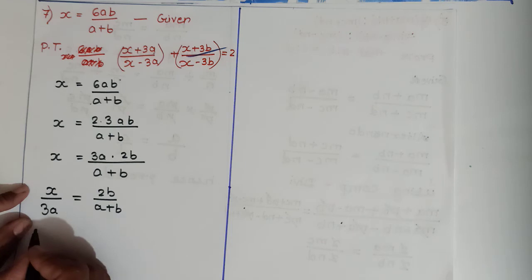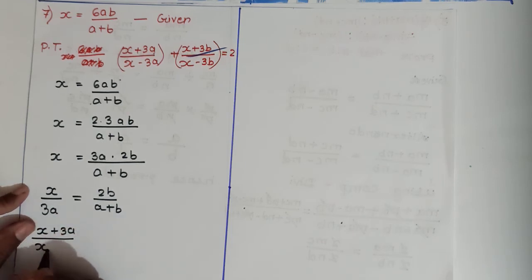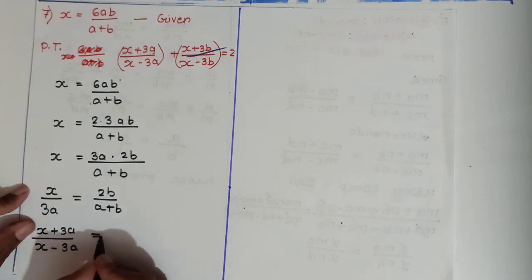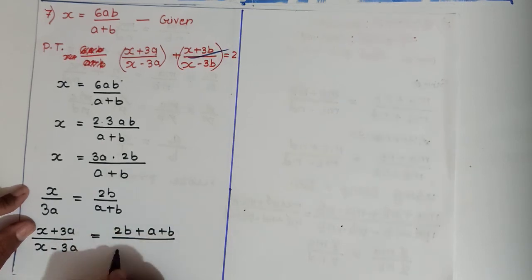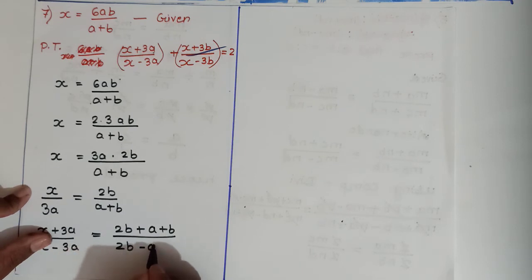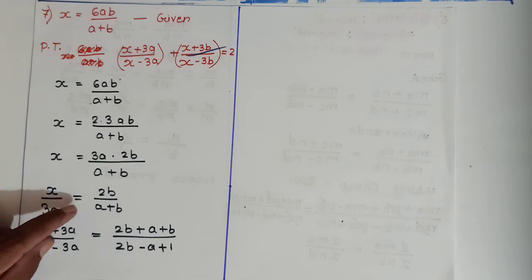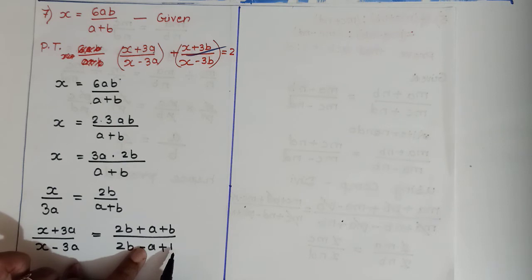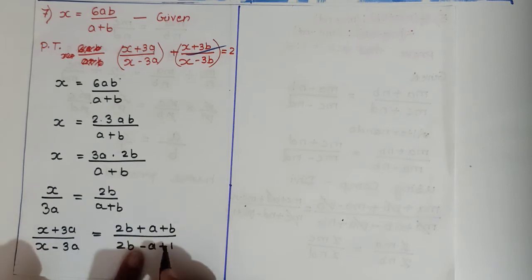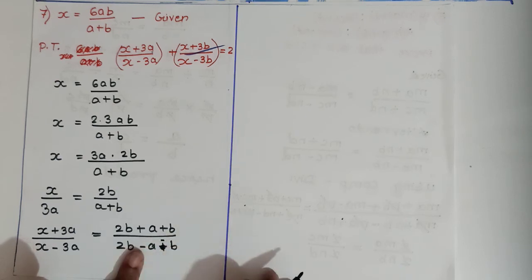What I will get then is x plus 3a divided by x minus 3a equals 2b plus a plus b divided by 2b minus a plus b.